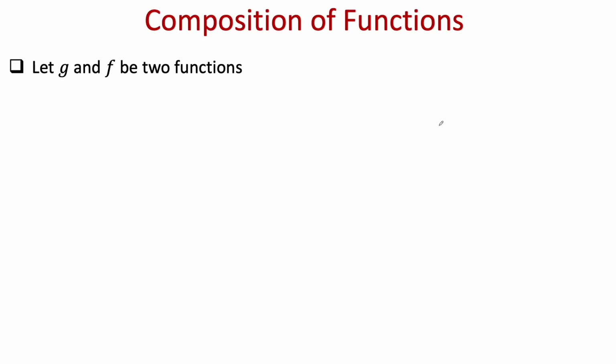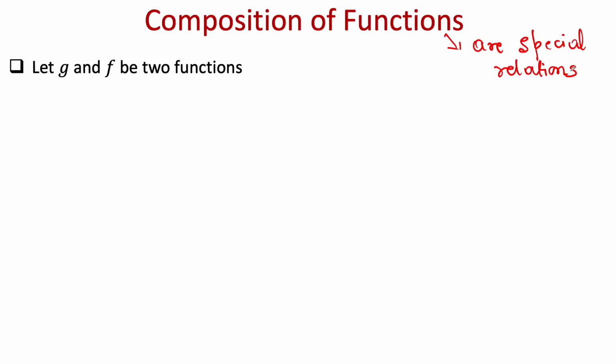Okay. So the last thing that we want to define is the composition of functions. Remember, functions are special relations. Since we can compose relations, we can compose functions as well, provided certain conditions are satisfied.